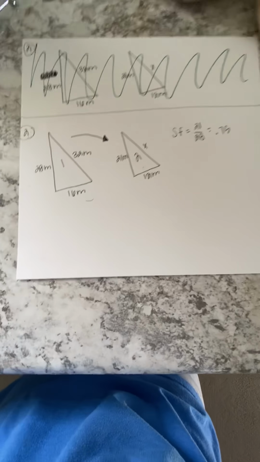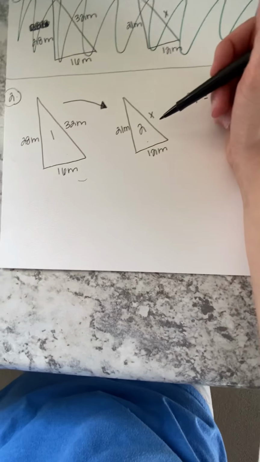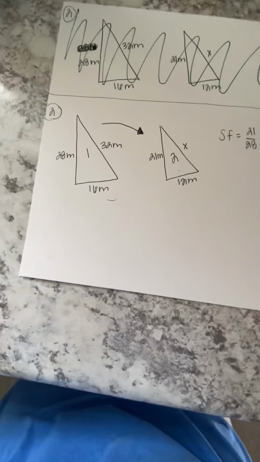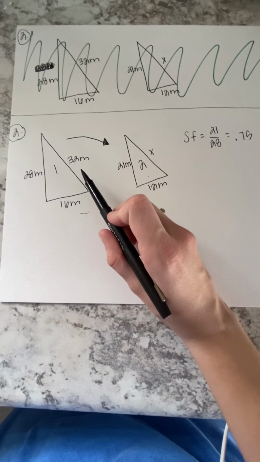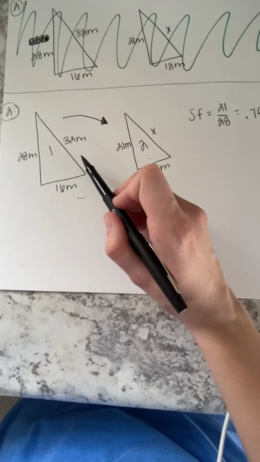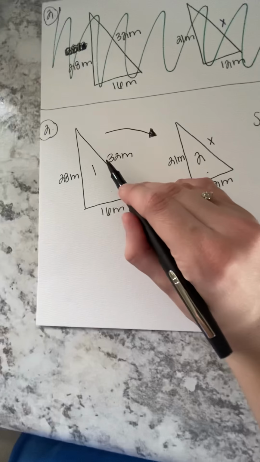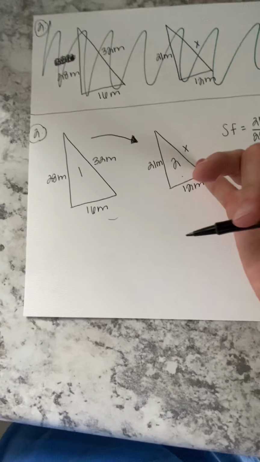Now I find that corresponding side. So here's my missing side. And then I have to find the side that's in the same area. If this is my missing side, this is the side that's in that same general area. They're in the same position. So I'm going to put 32. 32 is the side corresponding to the missing side length that I'm trying to find.